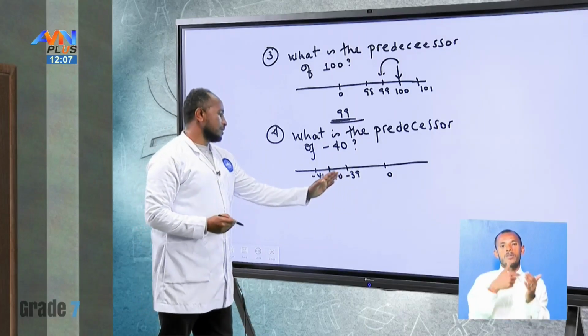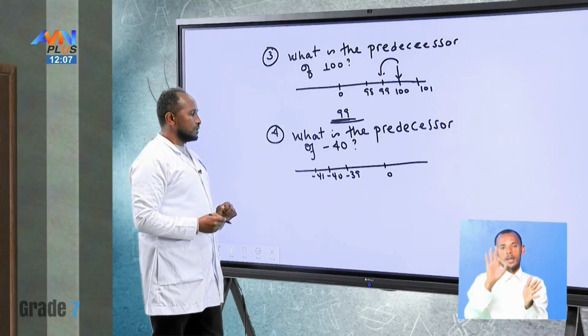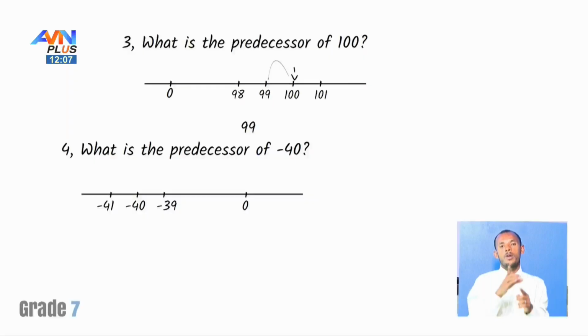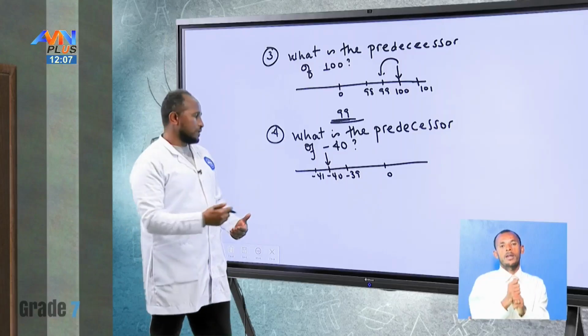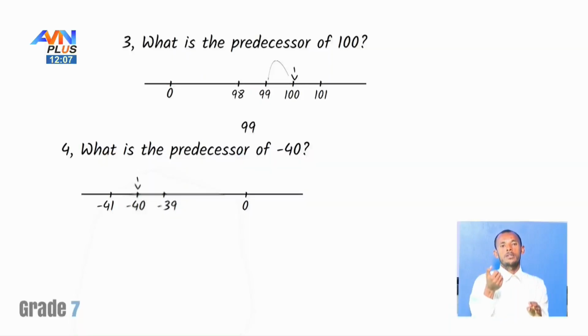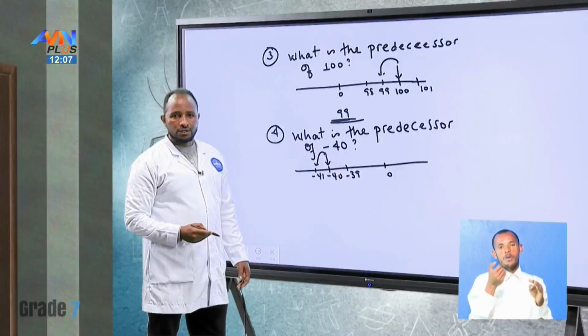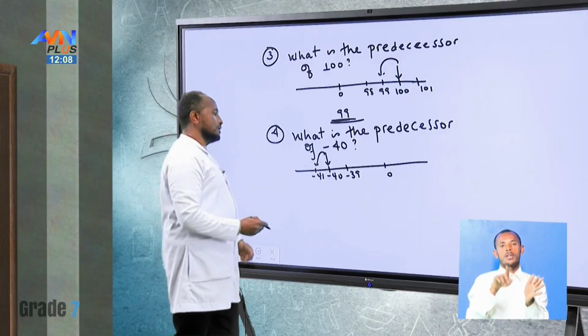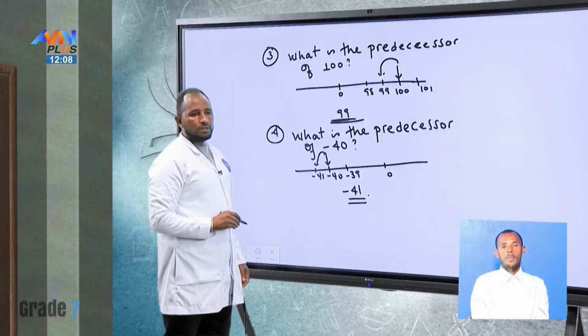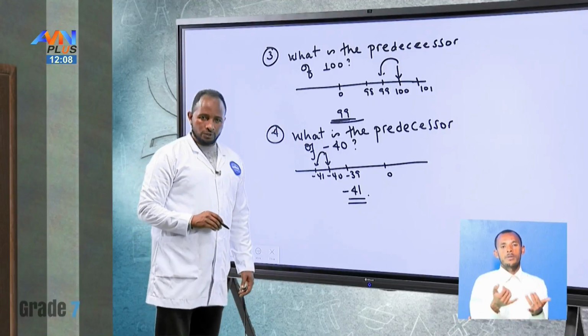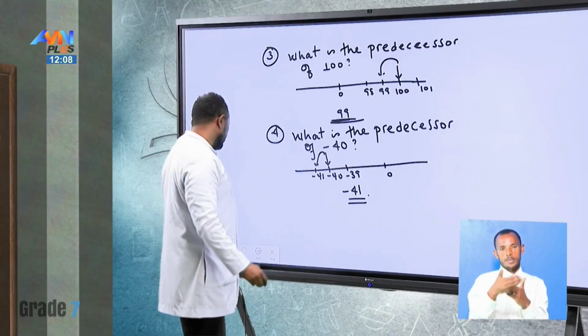Therefore, the location of -40 is here, and we are asked to find its predecessor, the number that comes before it. The number that comes before -40 is -41. Therefore, the correct answer is -41. That's it. Now, let's proceed to the next section.